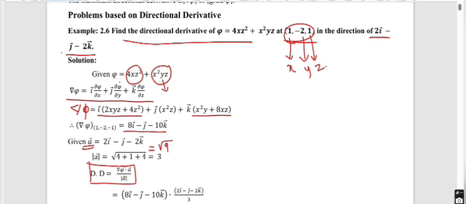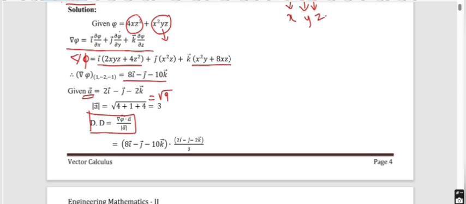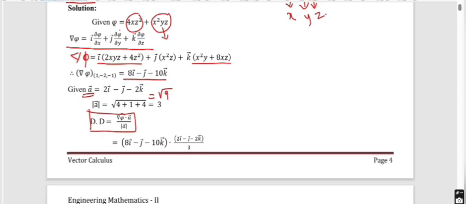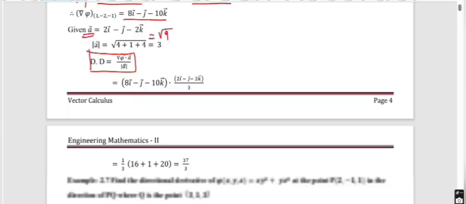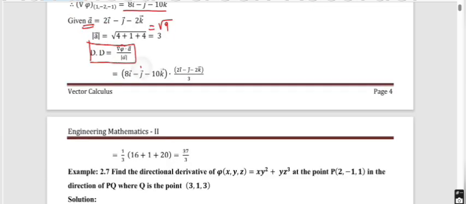Now we substitute all these values in the given formula, that is the del phi value, a vector value, and magnitude of a vector value. That is 8i vector minus j vector minus 10k vector dot 2i vector minus j vector minus 2k vector, divided by 3. Now we multiply these two, del phi dot a vector. Here we have a dot product.